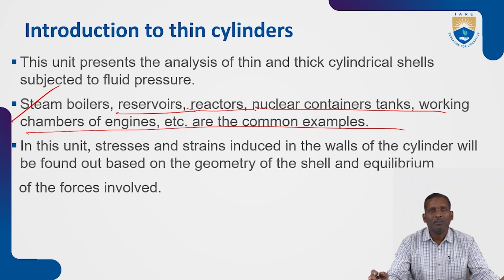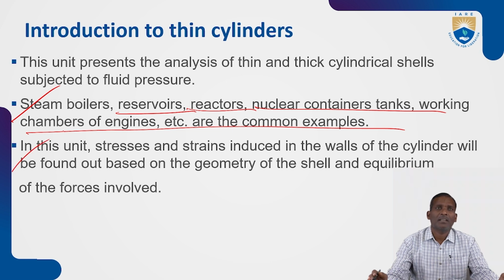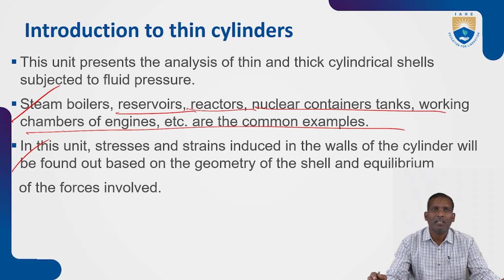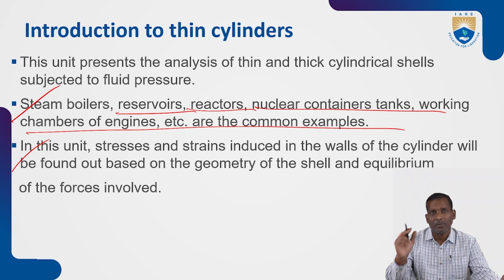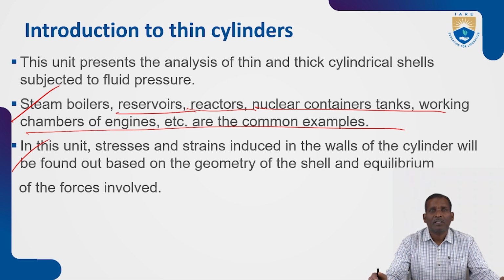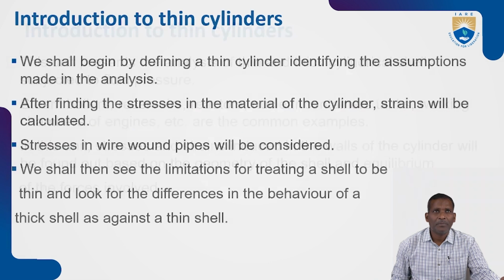First of all, you should know what forces act on the cylinder walls. We will find stresses, then see how to derive the equations for the stresses, and then how to calculate the strains in this unit.